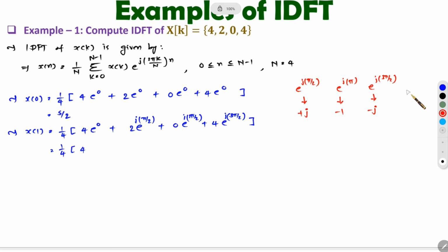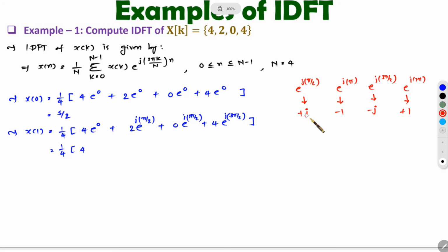Then you can have e to the power j 2 pi, so that is plus 1. Then you will have e to the power j 5 pi by 2, that will be plus j. So that is how you will have to remember the data. Always remember e to the power j pi by 2 means cos of pi by 2 plus j sine of pi by 2. Cos of pi by 2 is 0 plus j sine of pi by 2 is 1.